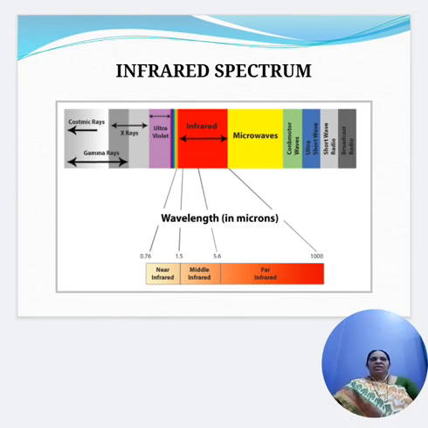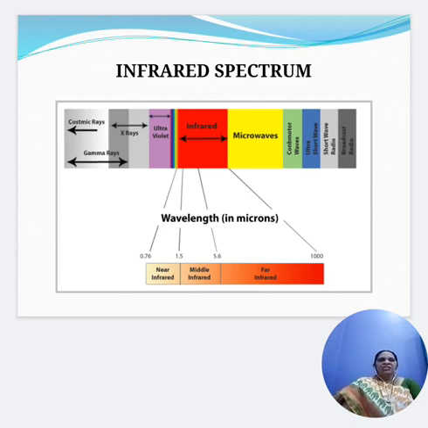When we see the electromagnetic spectrum, infrared radiation forms a part of it, and its wavelength ranges from 0.76 microns to 1000 microns.